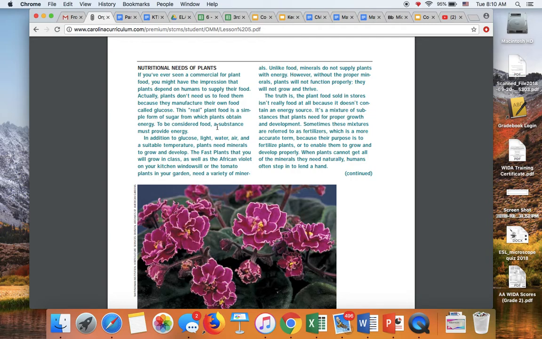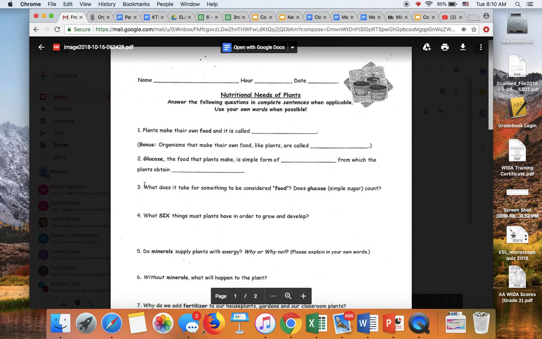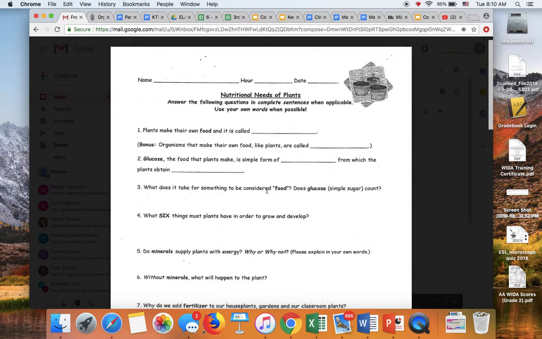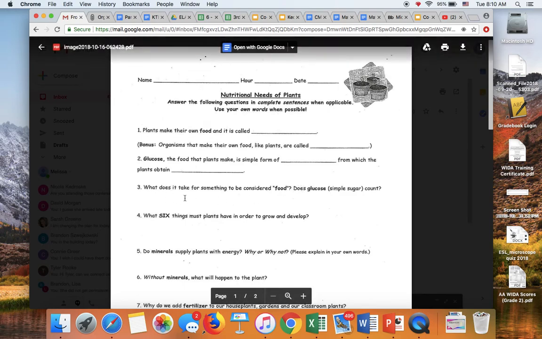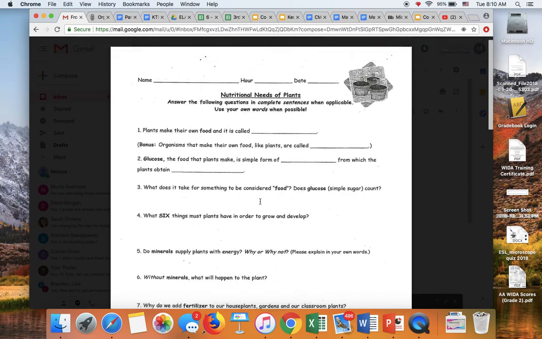To be considered food, a substance must provide energy. What does it take for something to be considered food? It must provide energy. Does glucose, simple sugar, count? Does glucose provide energy?